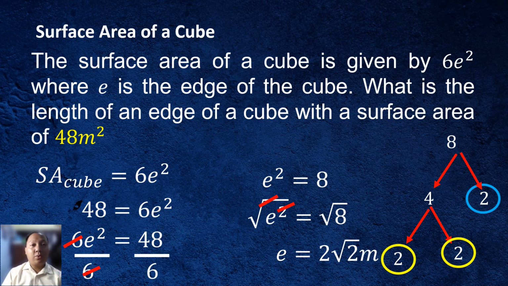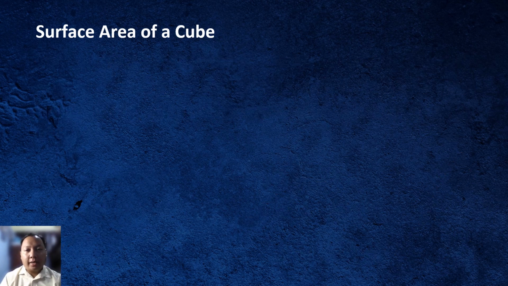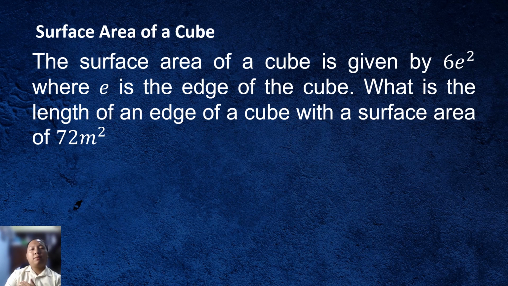So hindi laging whole number yung sagot natin. Okay? So let's have the same problem pero iba naman yung surface area. Again, the surface area of a cube is given by 6e squared where e is the edge of a cube. What is the length of an edge of a cube with a surface area of 72 square meters?